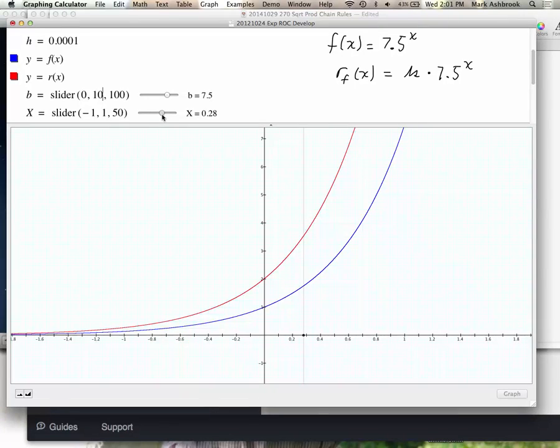Yes. So say here is x equals 0.32. Right now I'm showing x equals 0.32, and I have the output for the original function in blue, and the rate function in red. So I can find those outputs.